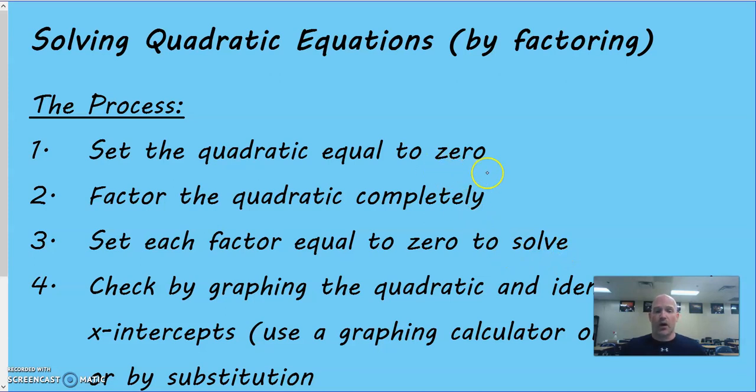That's why we had to set it equal to 0 in the first place, because we're using what is called the zero product property, which mathematically states that if you multiply anything by 0, the resulting product must also equal 0.